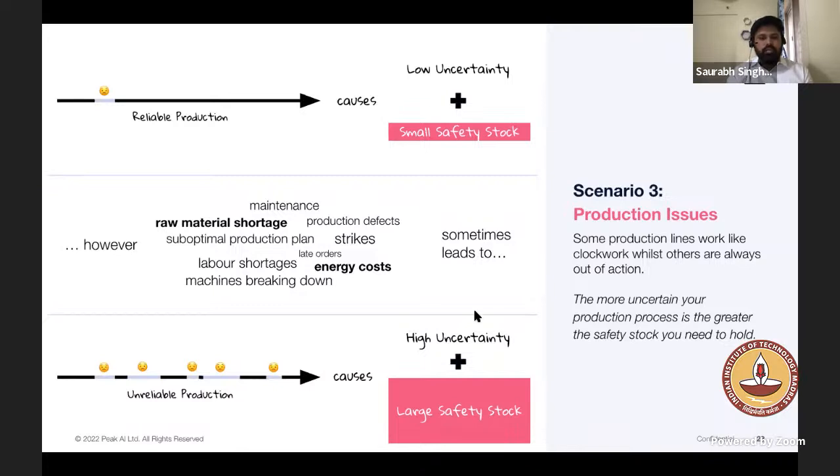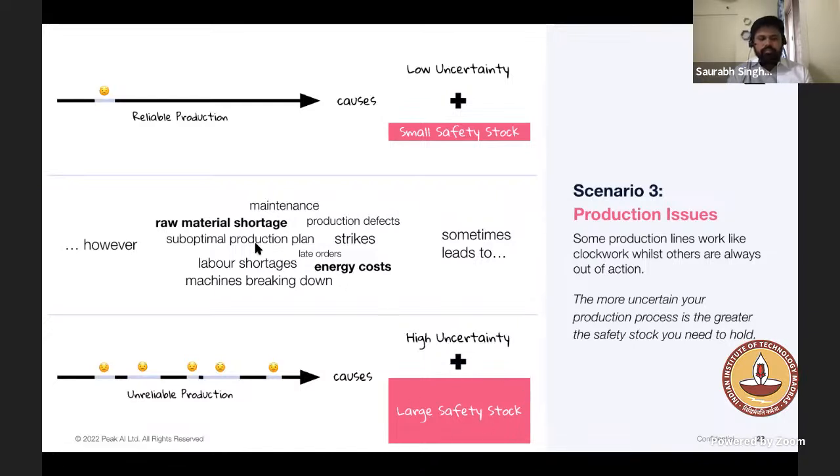That makes your safety stock level range from low to high. If your production line is reliable, you can keep a smaller safety stock because there is low uncertainty on that front. But if your production line is very unreliable, most of the time you are out of action and you're not producing your goods. In that case, you have to keep a larger safety stock.